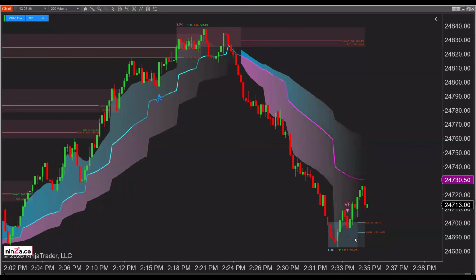Not necessarily there was a reversal in trend because you need a confirmation for that, but at least you should be really careful with new shorts, or if you're holding a short, maybe it's time to get out, or at least cover a portion of your position, right? So from here we have testing the VWAP now, which is interesting.